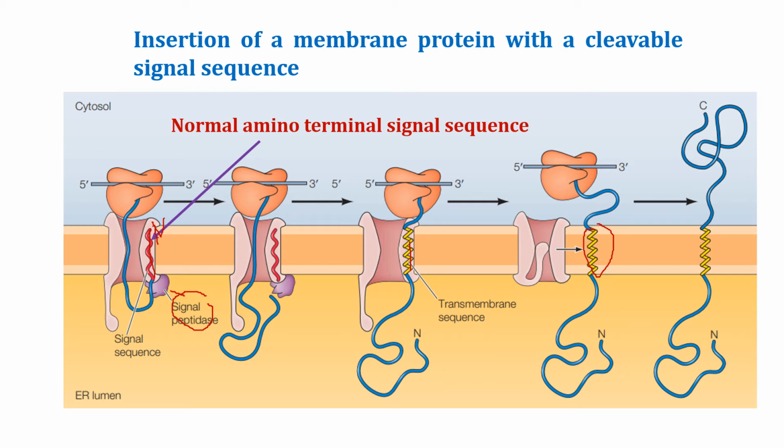The insertion of the polypeptide into the lipid bilayer blocks further translocation. And so the carboxy terminal portion of the growing polypeptide chain remains in the cytosol as translation takes place.